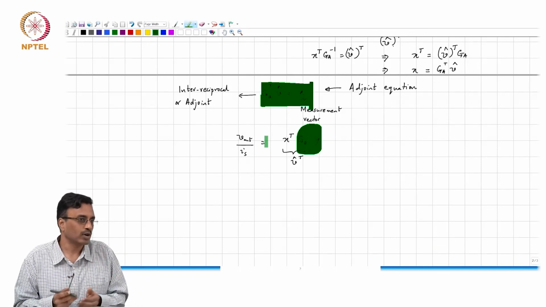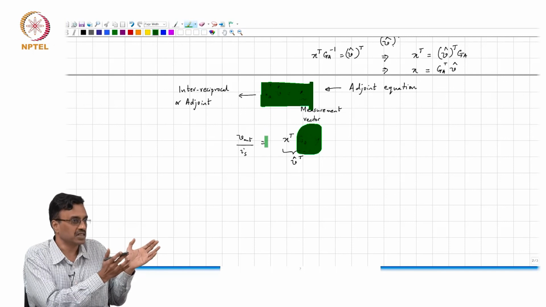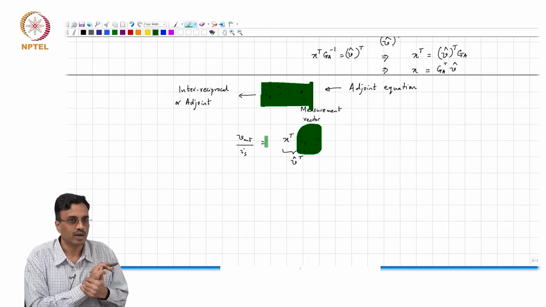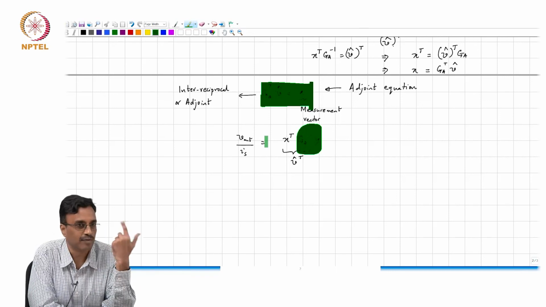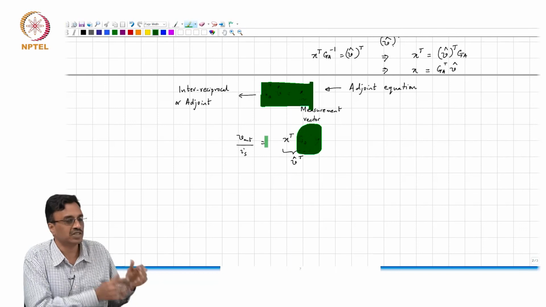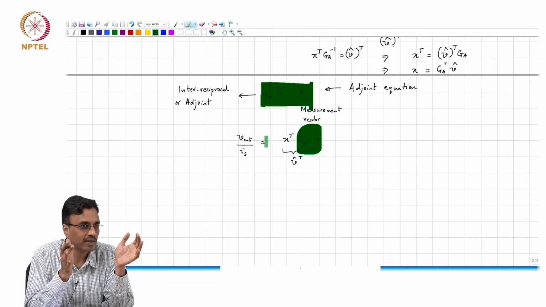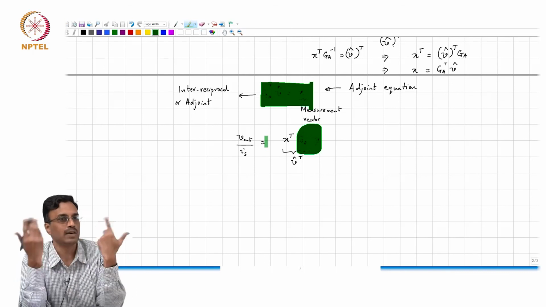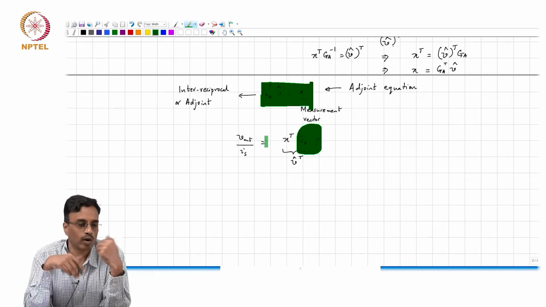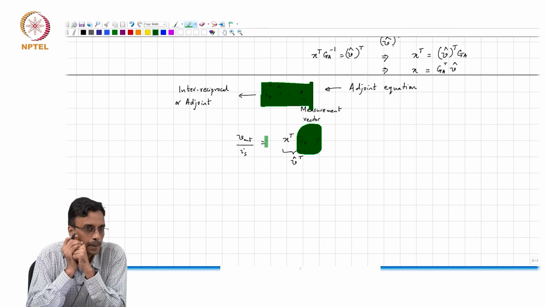So it makes sense to compute the stuff that is not changing, because that GA inverse is difficult. So it makes sense to compute that X transpose GA inverse once, and then as you keep changing the input sources, the Y will keep changing. So finding all the transfer functions is easy. Does it make sense, people?